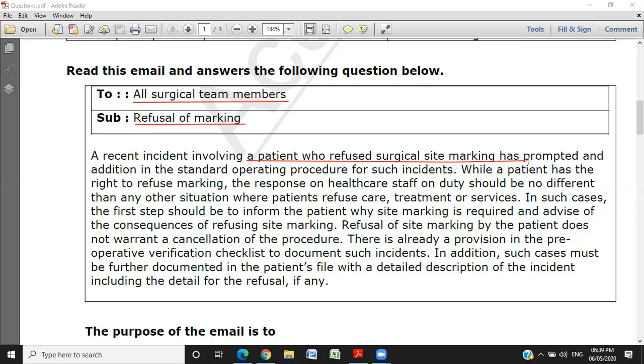If you read the whole paragraph, it's generally about all the patients who are about to have surgery, but if they refuse to have surgical site marking prior to the operation. It says a recent incident involving a patient who refused surgical site marking has prompted an addition in the standard operating procedures.